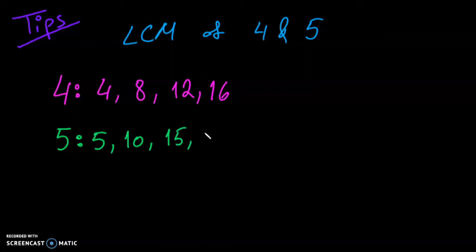Times 4 is 20. Now, we don't have the LCM yet. And the last number here is greater than the last number here. So it means we have to continue with the 4. So this is 1, 2, 3, 4. So 4 times 5 is 20. And now we found the LCM.